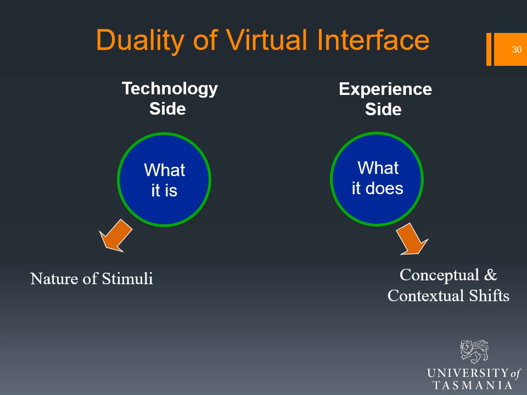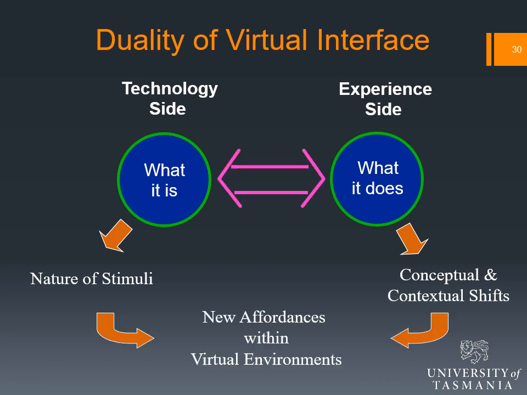Can you make a phone call? Can you chat with your friend through different social network applications? Hopefully you get these two sides clear. When you describe the technology, you should describe how this works. And on the experience side, what it's capable of doing.